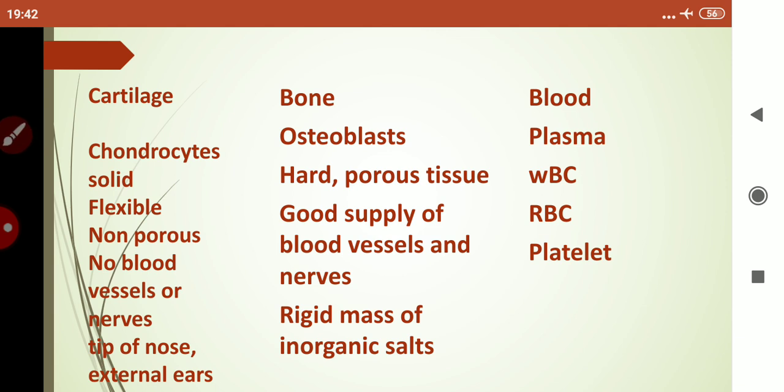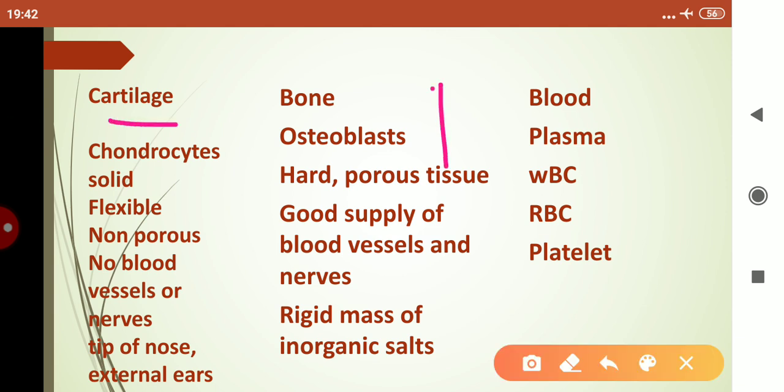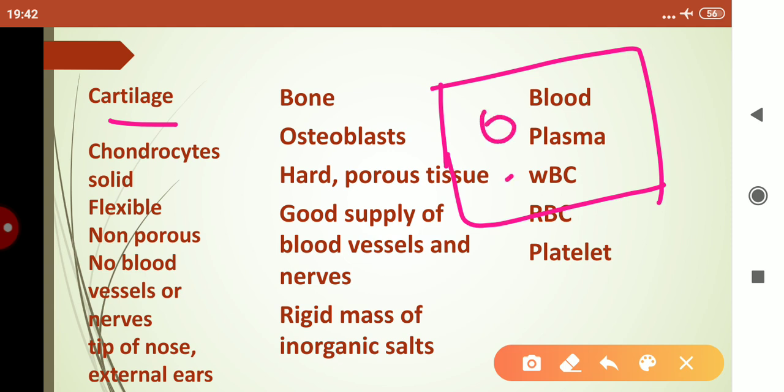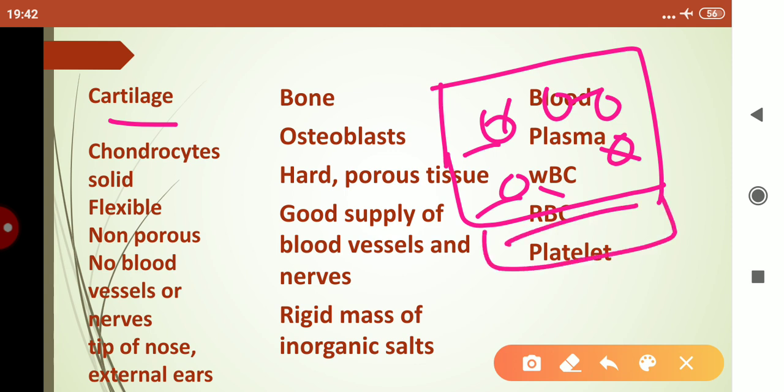Now children, in cartilage, in the ground matrix, these chondroblast cells are present. These chondroblast cells are responsible for secreting the ground substance, the ground matrix. Some of these cells are present deep inside this matrix.